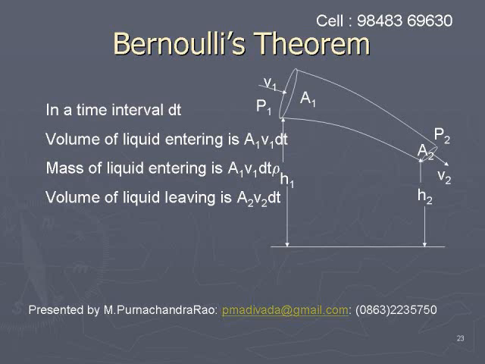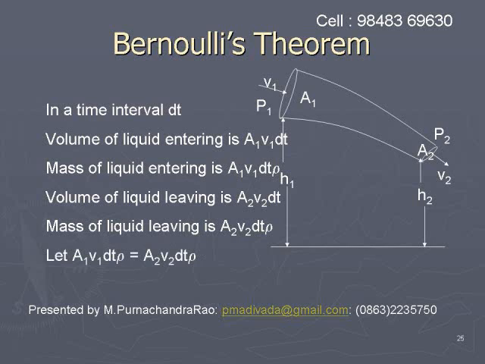The volume of the fluid leaving at A2 is A2 V2 dt, and the mass leaving is A2 V2 dt rho.